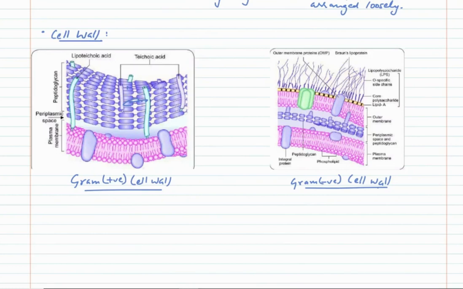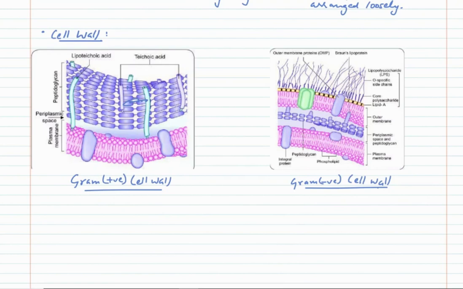The gram-positive cell wall retains the stain on washing, whereas the gram-negative cell wall does not retain the stain on washing. In the first step, both cell walls take up the stain, whereas after washing, gram-positive will still retain its stain, whereas the gram-negative cell wall will not be able to retain its stain and the stain will wash away.